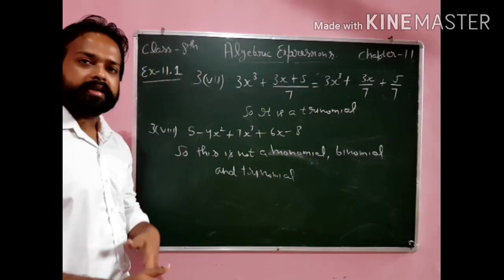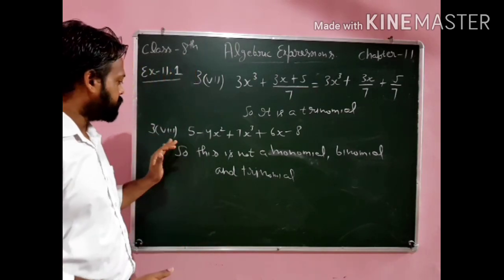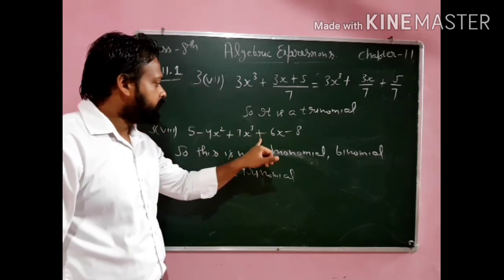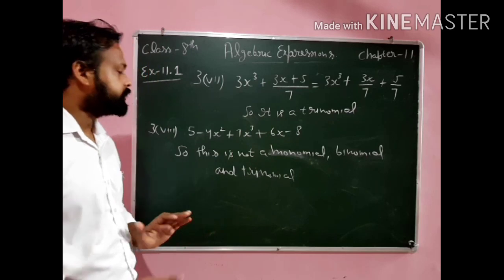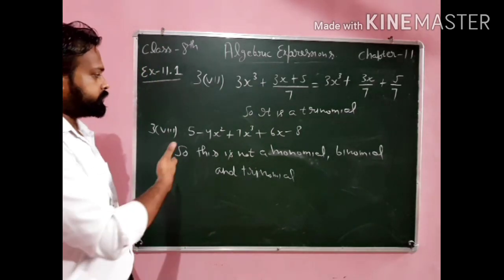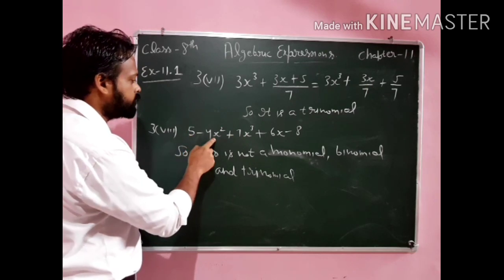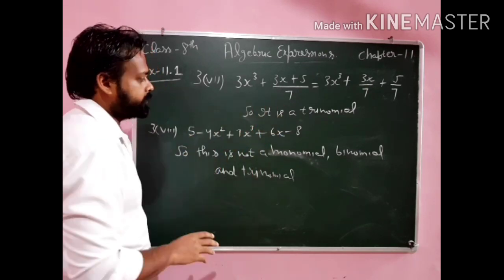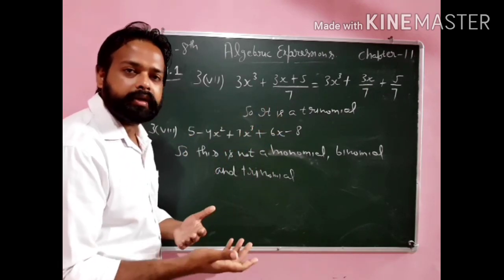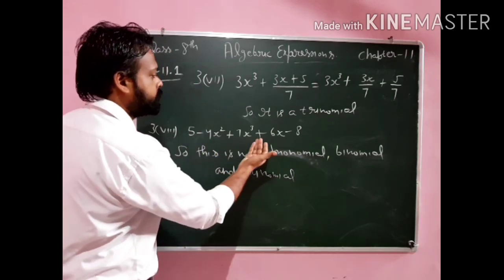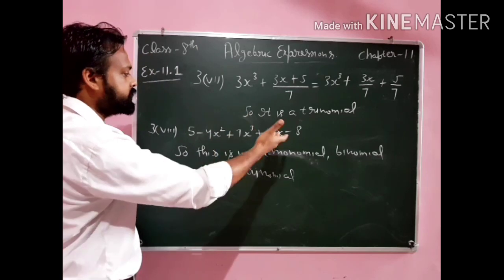Okay. So now see its last part, the 8th part of the third sum. This is 5 minus 4x square plus 7x cube plus 6x minus 8. So now you can see there are so many terms in this polynomial. If you count, this is 1, 2, 3, 4, 5. Now we don't have any need to solve because the signs of minus, plus, minus are already there.